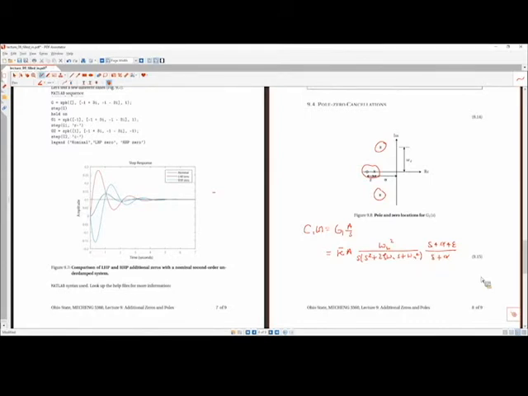Right? Okay, so this means that we can separate this response into two parts. If we look at s plus alpha and separate this section out, s plus alpha over s plus alpha is 1.